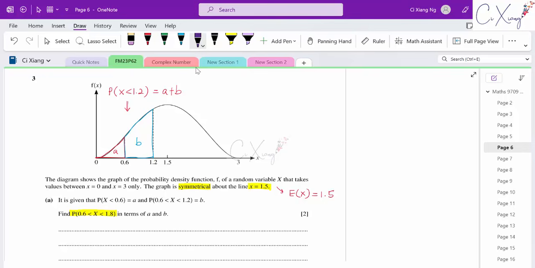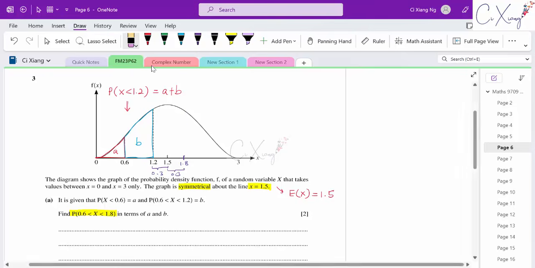Okay, 1.8 basically is 0.3 away from 1.5. So 0.3 and 0.3. That means the value for 1.8 and the value of 1.2 are symmetrical on the line also.